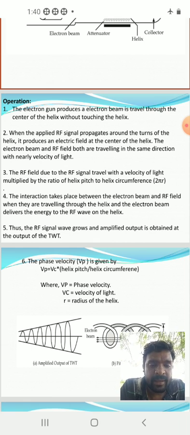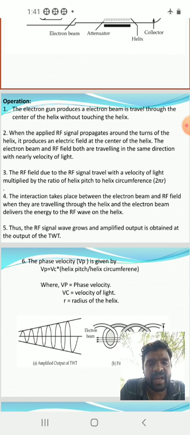And the helix carries the RF input signal. This RF input signal comes from outside towards the helix input, and is transmitted along the beam, amplified and transmitted out of the helix. Two waves exist: the RF field, radio frequency signals, and the electron beam, electric field.